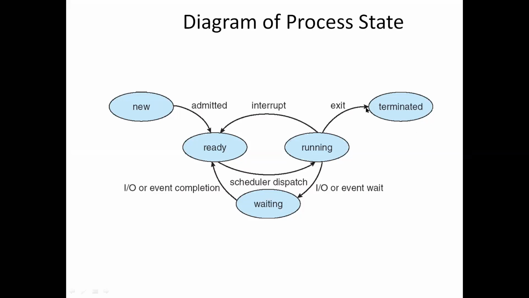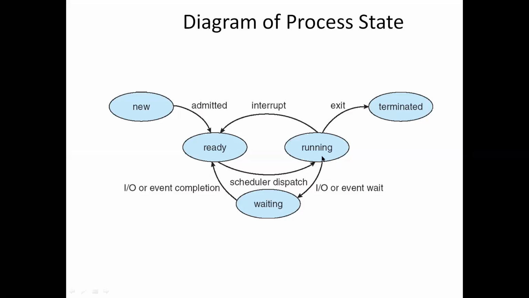Sometimes the process may need some resources to complete its execution. That time the process will shift from the running state to the waiting state, with some IO request or something.